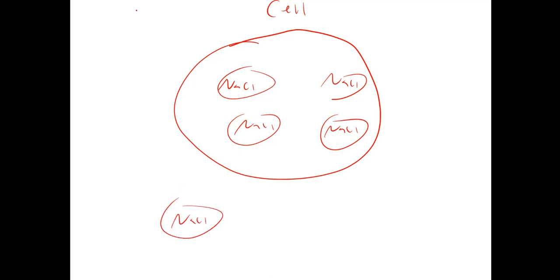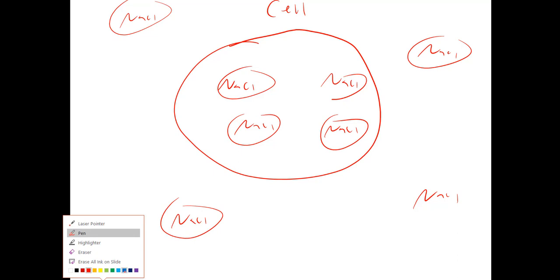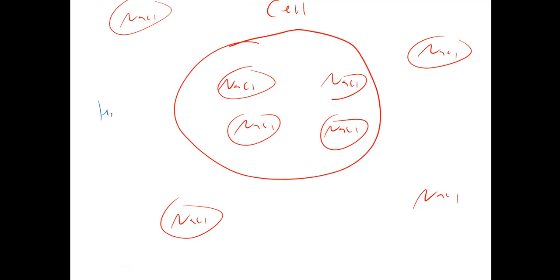And then outside the cell, I'm just going to put a few. Here's my water. Here's a couple of waters that are inside the cell, and then there is a lot of water that's outside the cell.